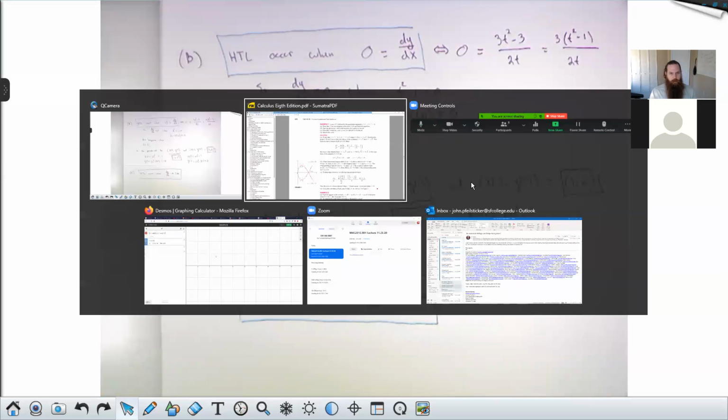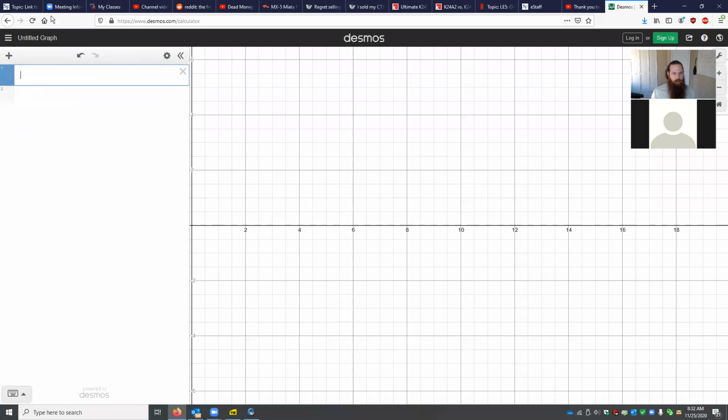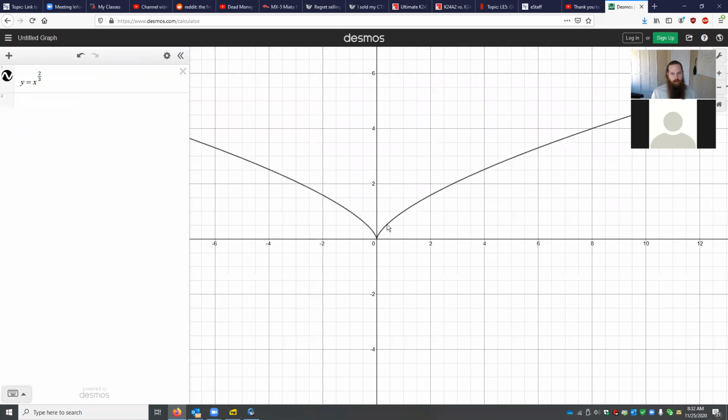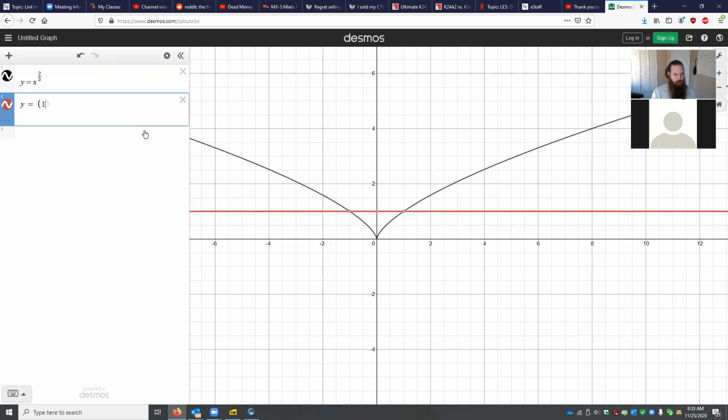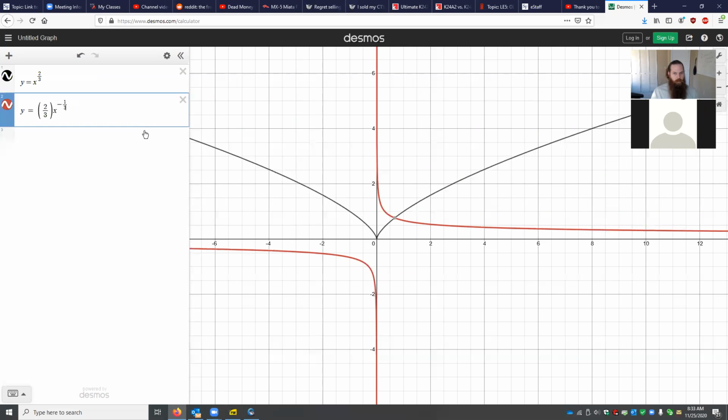The classic example from Calc 1 looks like this thing. So this guy has a vertical tangent at 0. And he does that because his derivative looks like this.